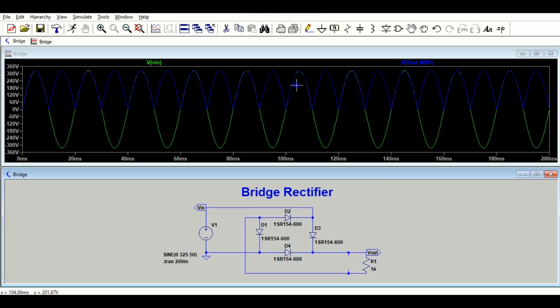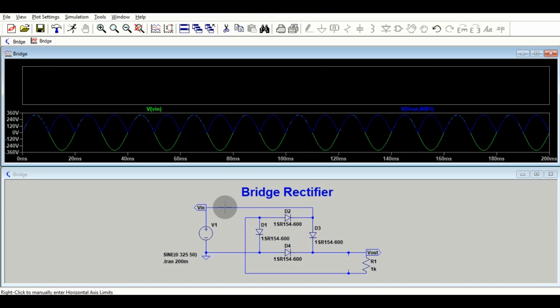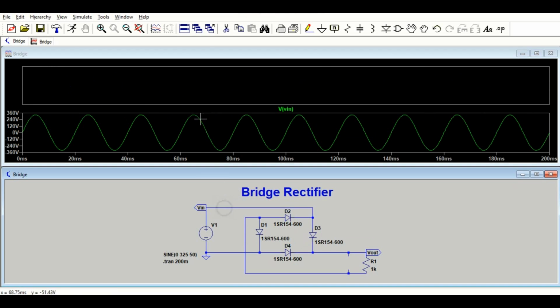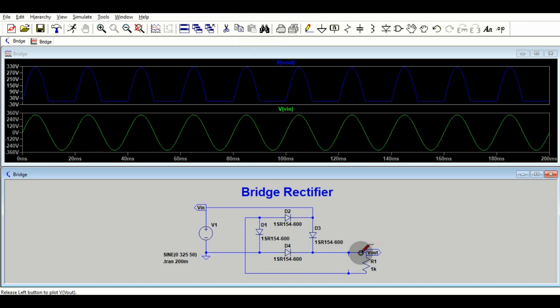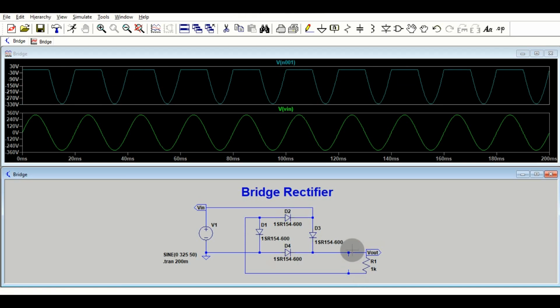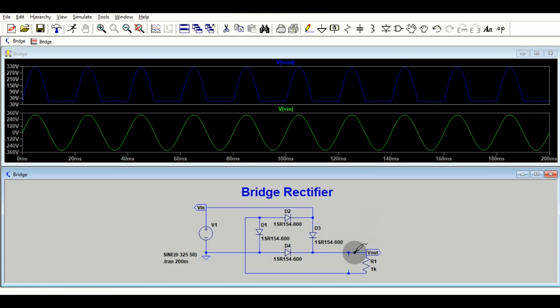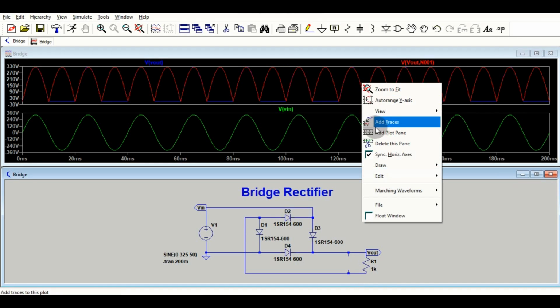Okay, let me add a plot pane. So here I will show you my input voltage, and here I will show you the output voltage. Let me delete it.